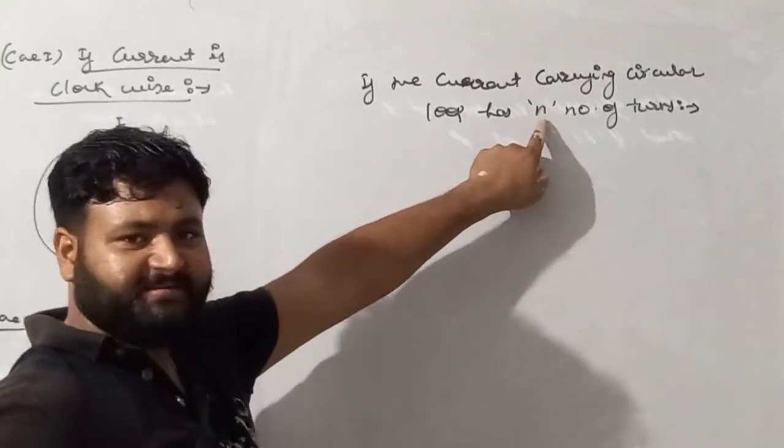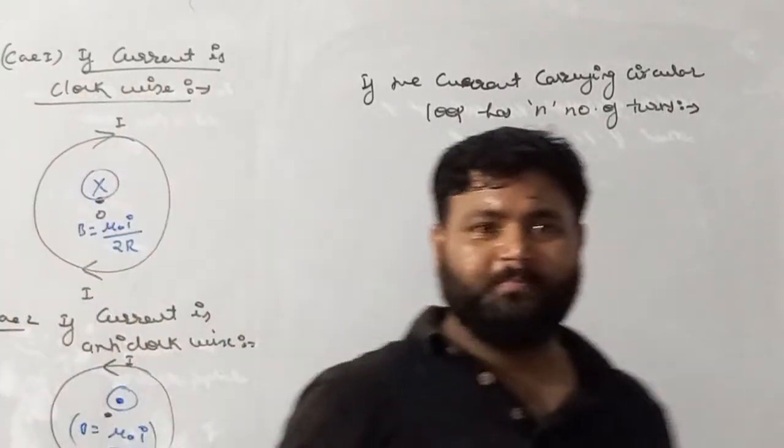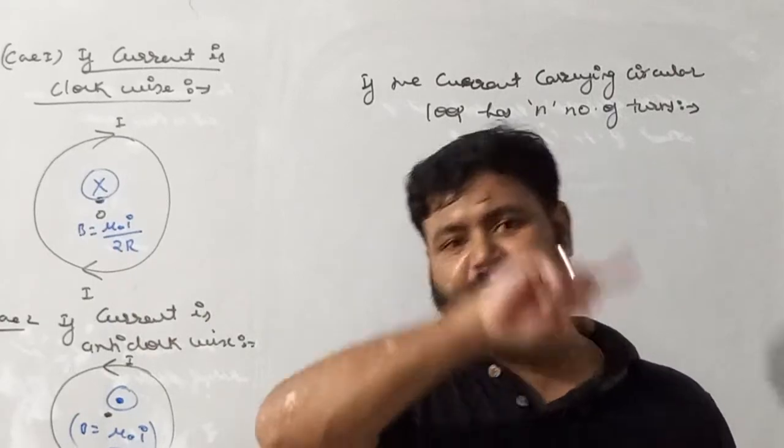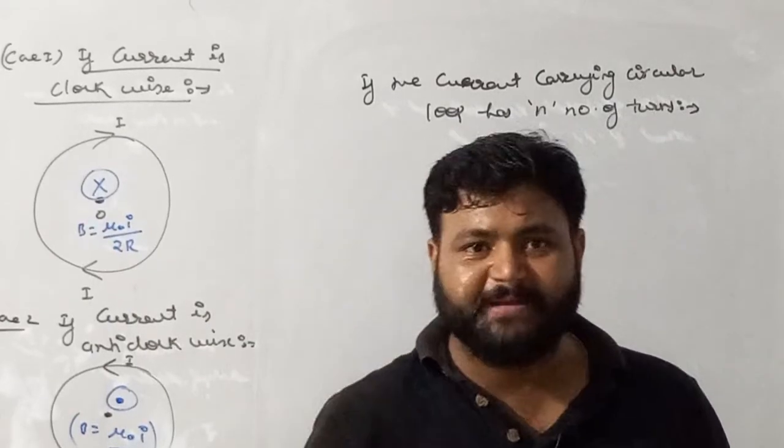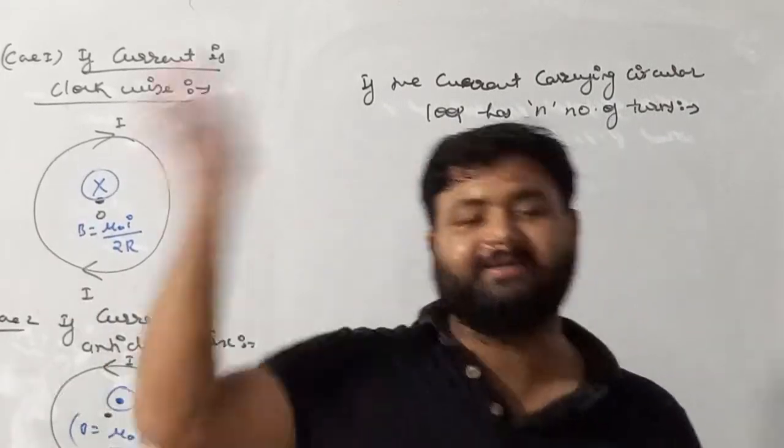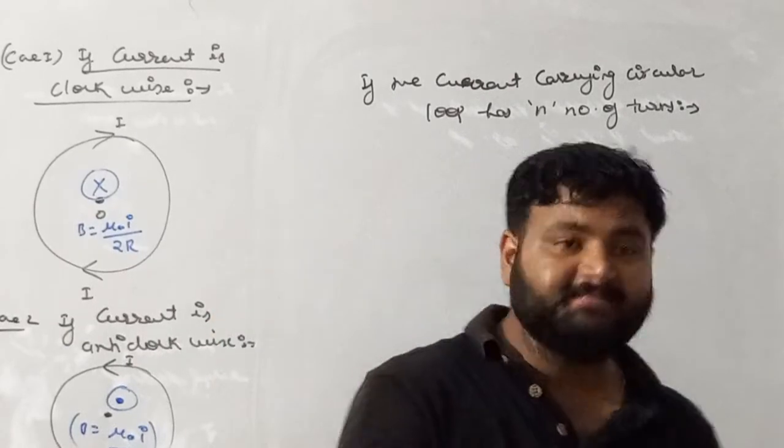See, actually this is a loop. Loop may carry 1 turn of wire, it may be 2 turns of wire, it may be 3 turns of wire, it may be 100 turns of wire. So n turns of wire.